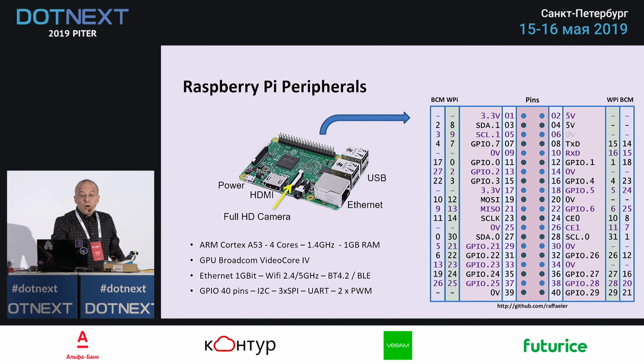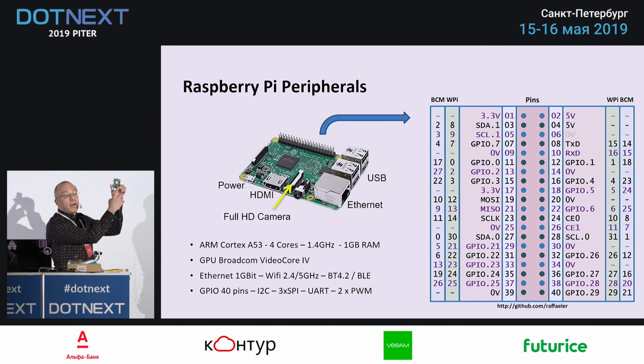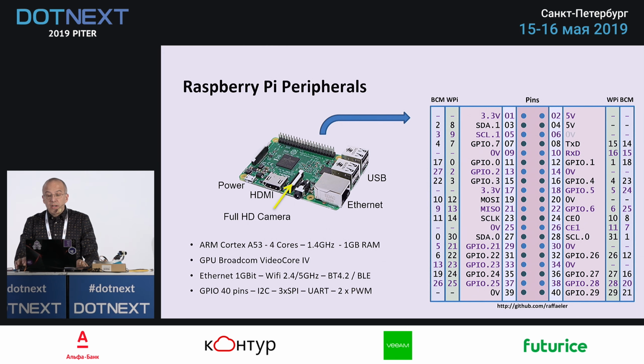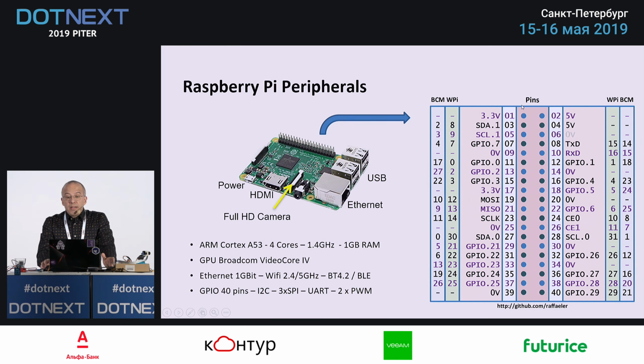So what are all these pins that we have here? What do they contain? There are several different things. First of all, the numbering is the one that you can see here: 1, 2, 3, 4. This is the hardware way to name the pins. Then there are BCM and WPI, which are different. Why?